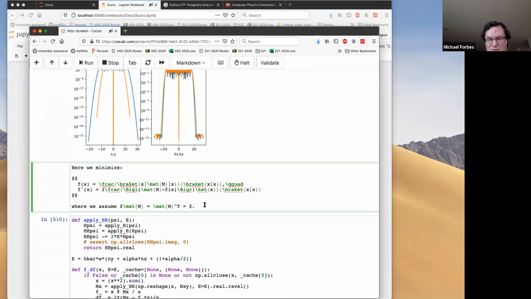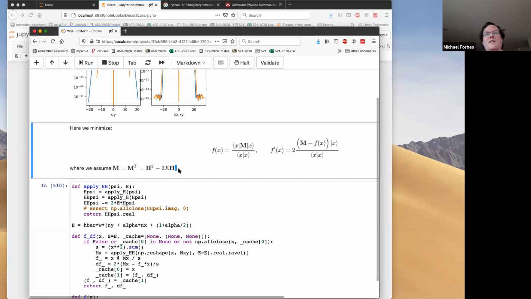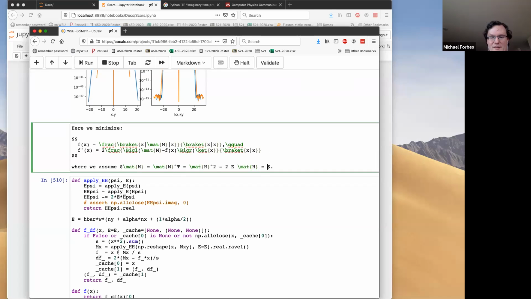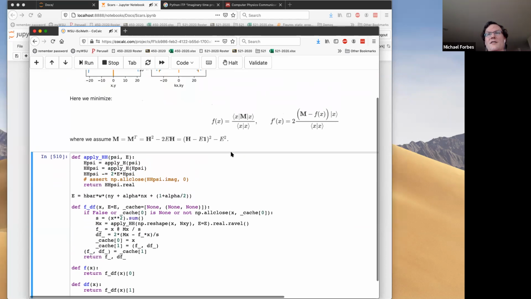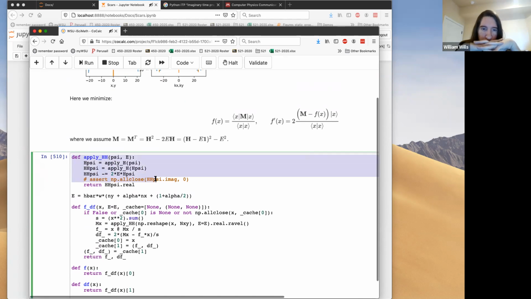So M is equal to H squared minus 2EH. So it's equal to H minus E, squared, minus E squared. So I just remove this constant. Okay, so here's my function that applies it.